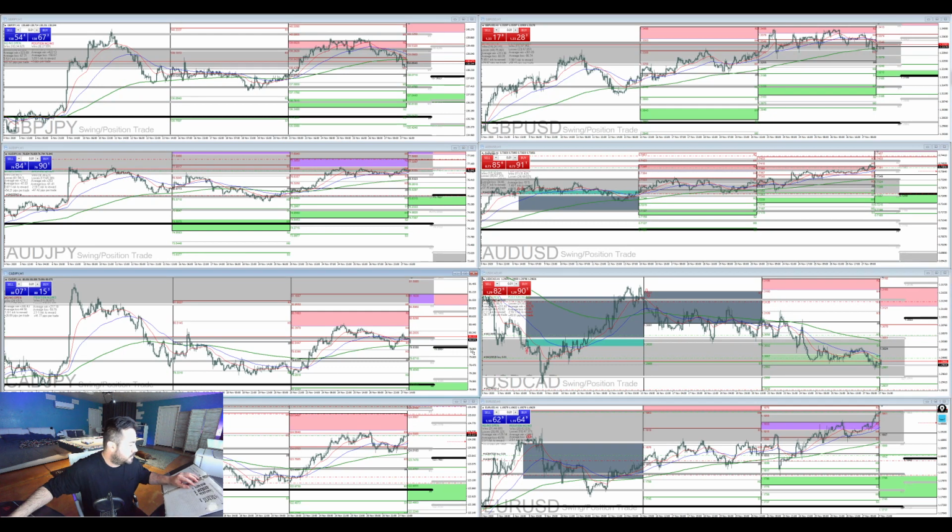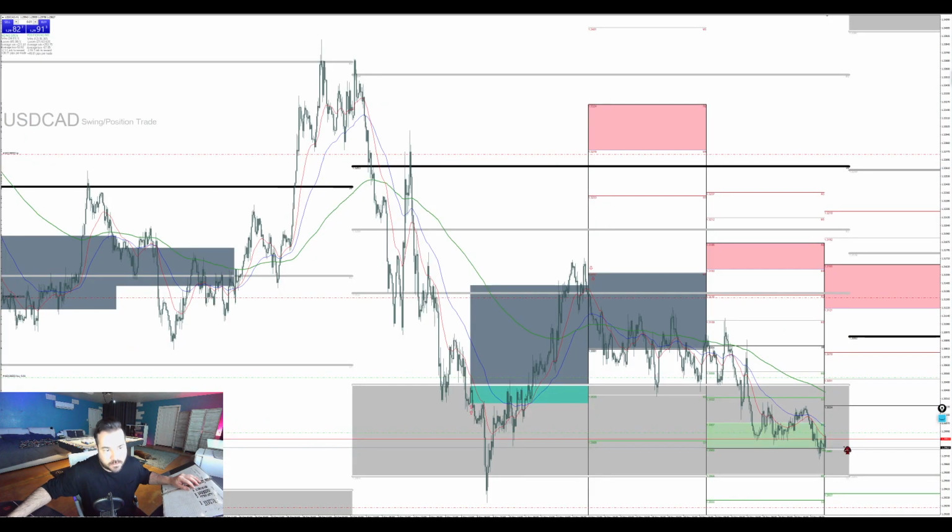Up next, USD CAD, the one that we just entered long, which is right here. I need a place to stop for it, which is going to be right down here. 2.8.